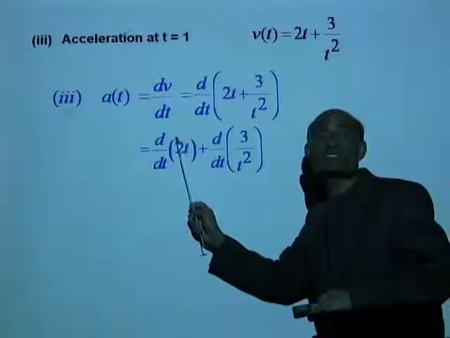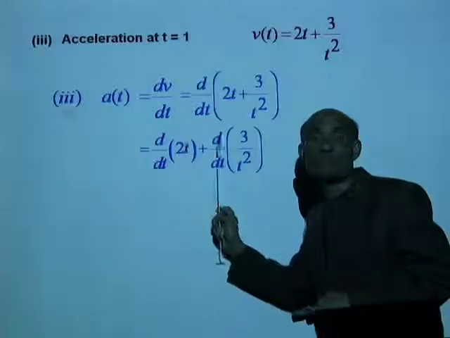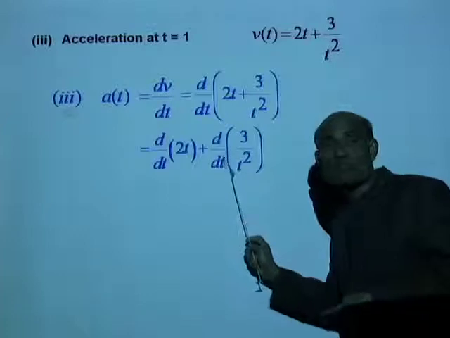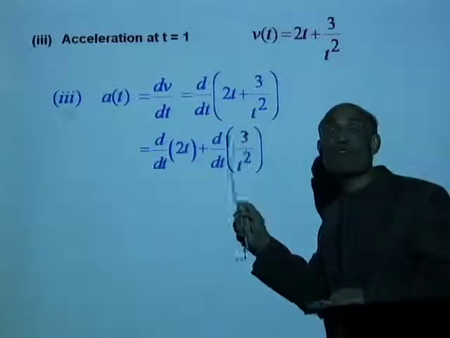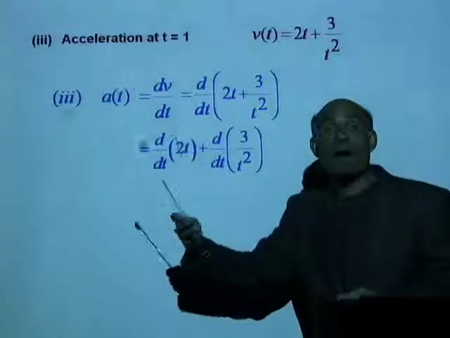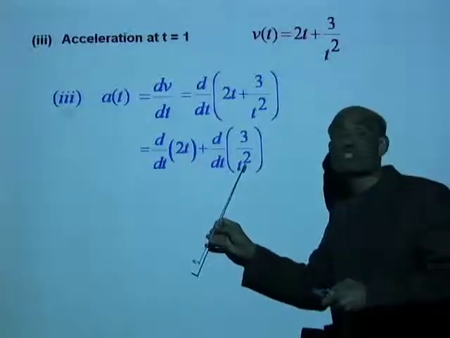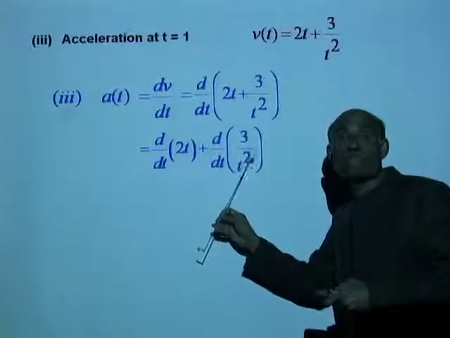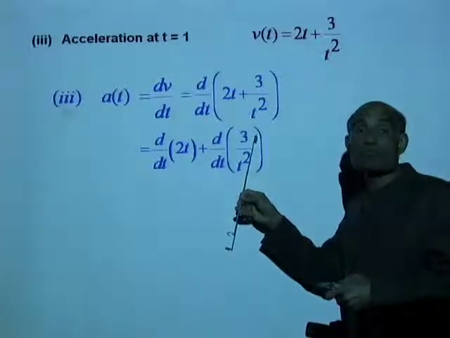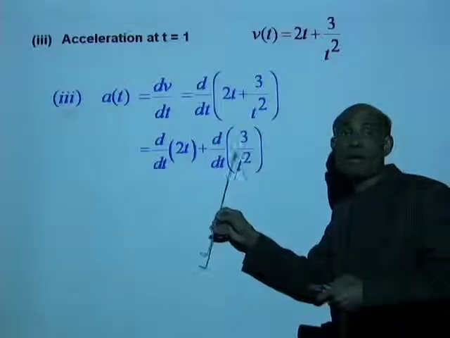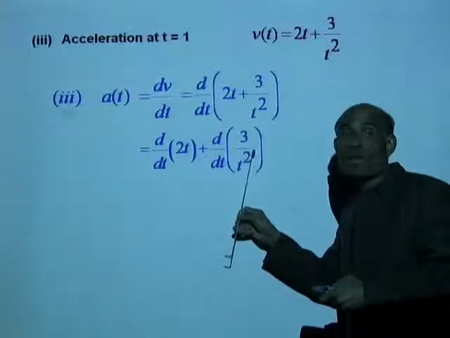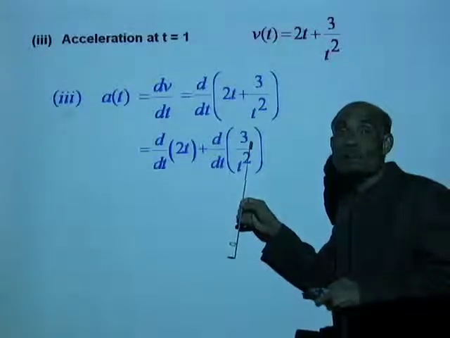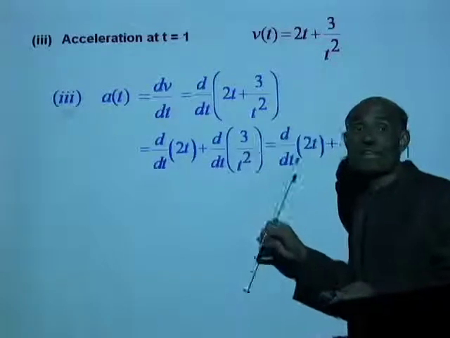Well, it's easy to find the derivative of 2t, but to find the derivative of 3 over t squared, you need to write it in a form where we can use the power rule. That means the t squared from the denominator, we should take it up to the numerator. What will that become? T squared moved from the denominator will become t to the power of negative 2 in the numerator.